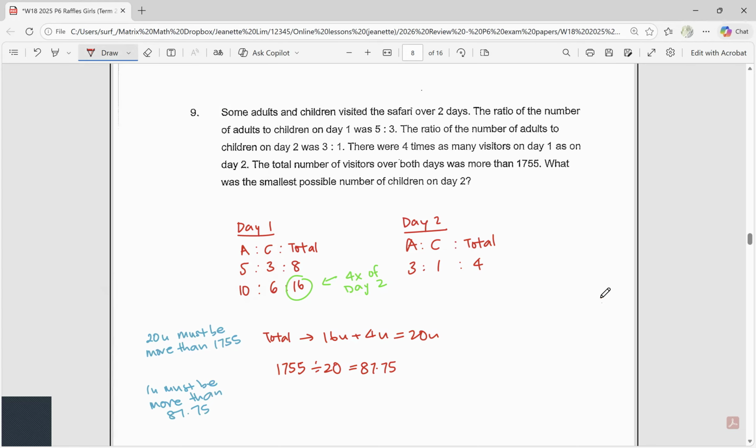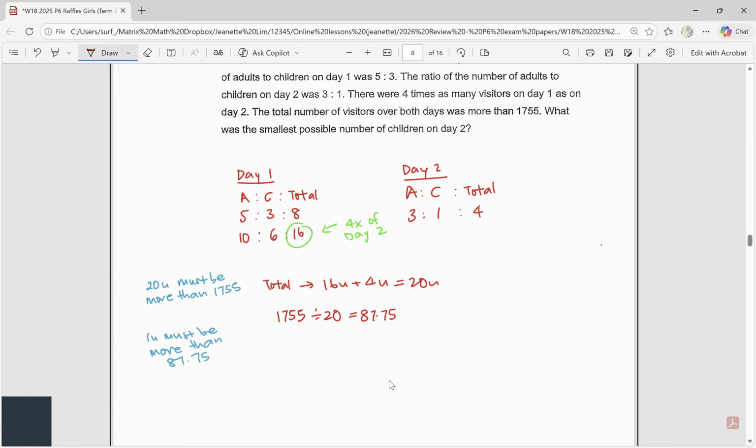So if 1 unit has to be more than 87.75, and 1 unit must be a whole number because this 1 unit is the number of children, right? Number of children cannot have decimal. So 1 unit must also be a whole number.